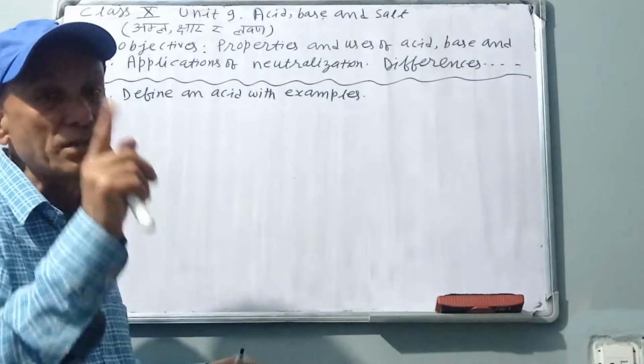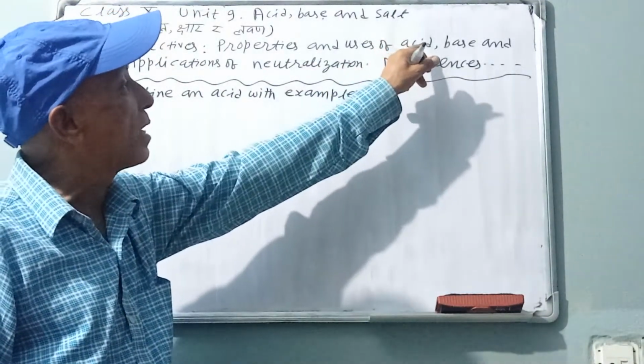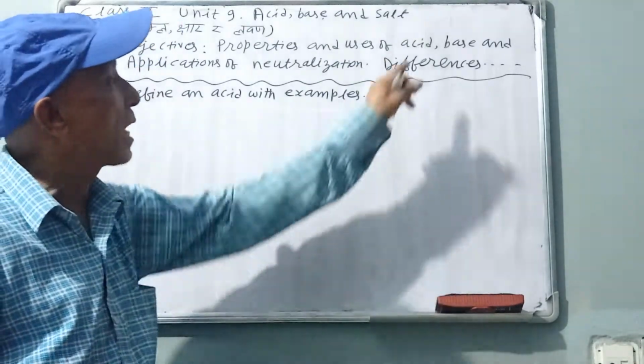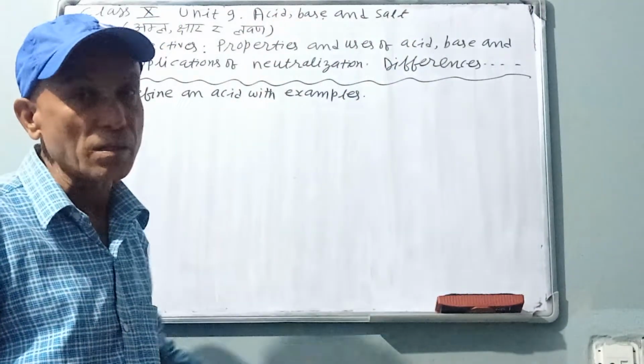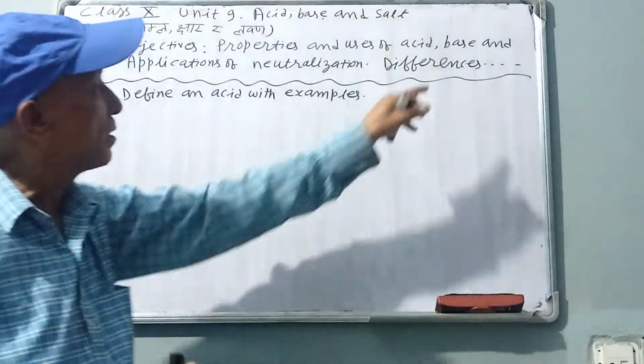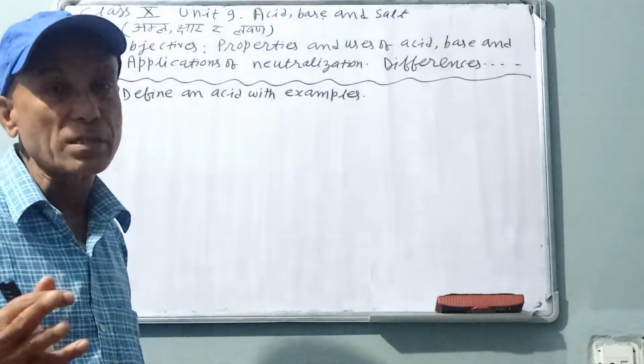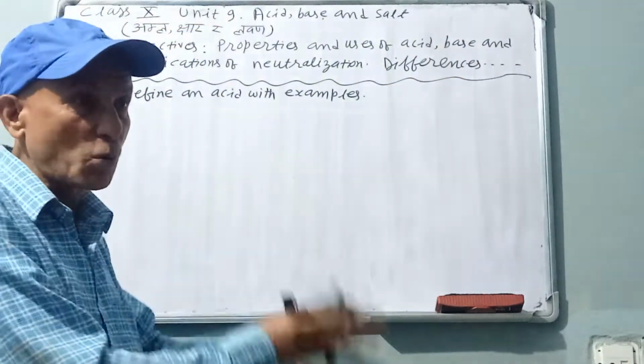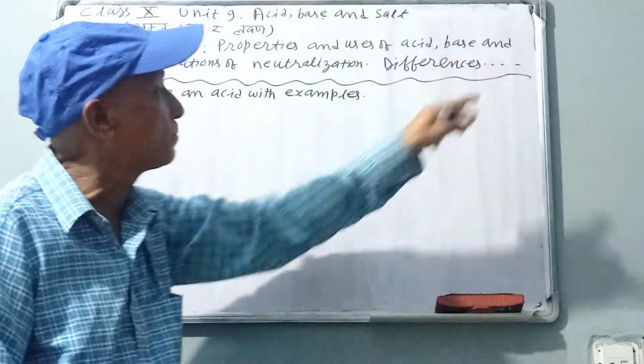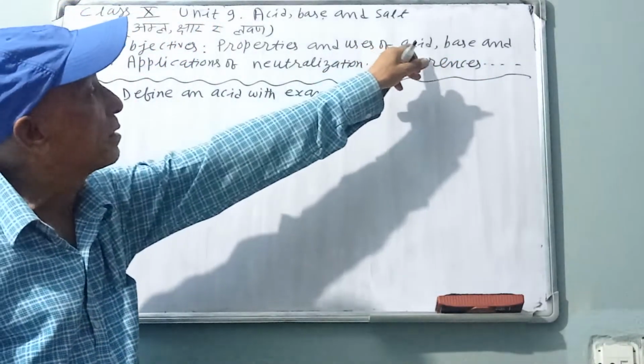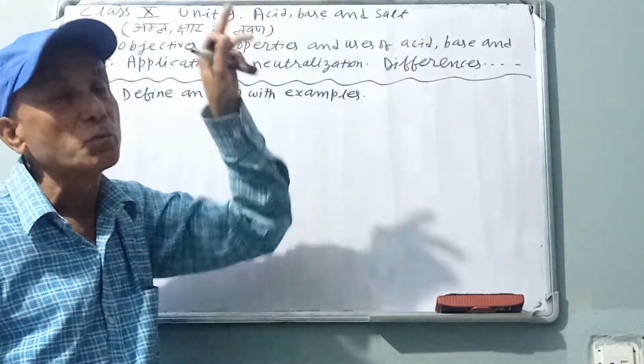We can have strong acid, organic acid and inorganic acid, dilute acid and concentrated acid. On what basis? For bases also: soluble base and insoluble base, soluble or insoluble in water. Another, just like acid, strong base and weak base.